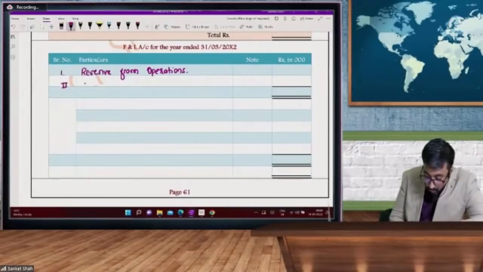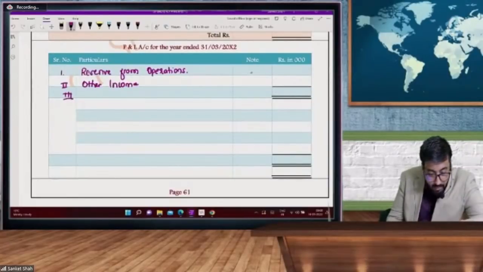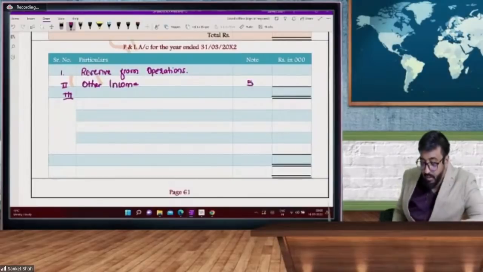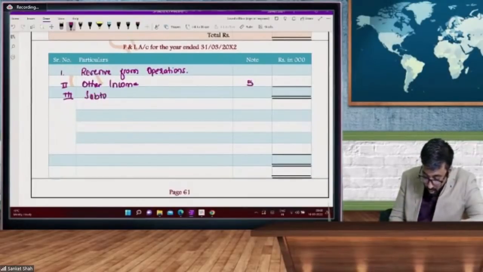Number 2, other income. Number 3, so revenue from operation, we do not have any note. Other income, we will write number 5. Then subtotal, 1 plus 2.